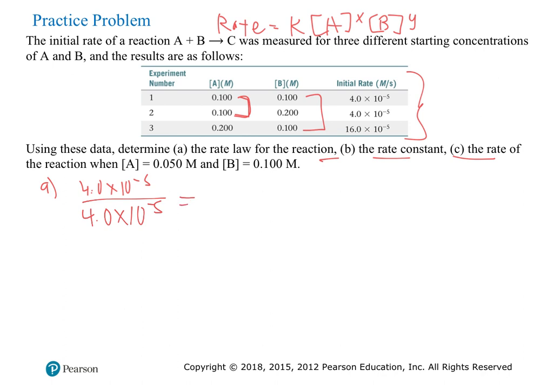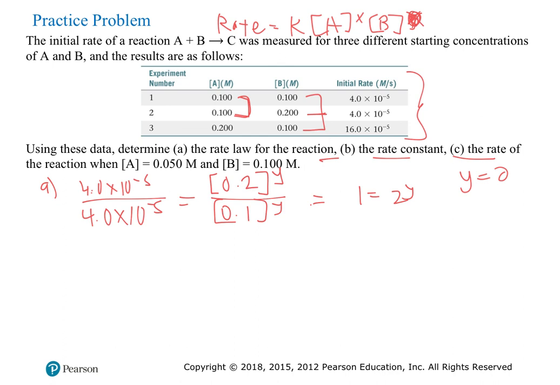So we're already seeing there's not a huge change. And then for B, it'll be 0.2 to the y over 0.1 to the y. And so we get 1 equals 2 to the y. So again, in this case, y is 0, so 0 order with respect to B. So let's put a 0. Okay. Then for x, we need to do the same thing.